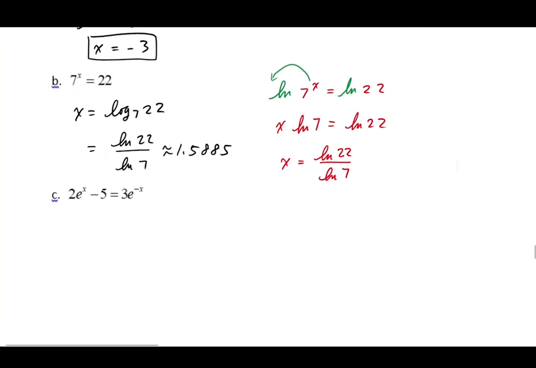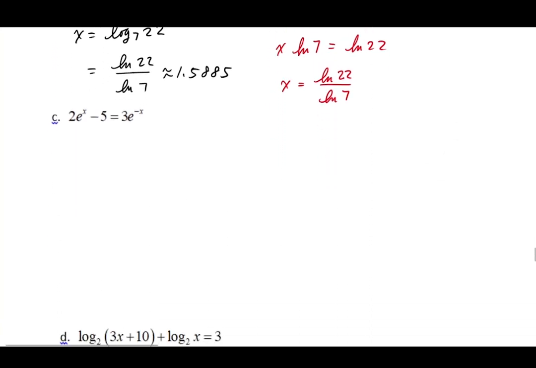Okay, now we have this problem. Now you're thinking, could we take ln on both sides like this? No, you don't. Functions, including ln, in general don't distribute. Okay, so don't be doing that.